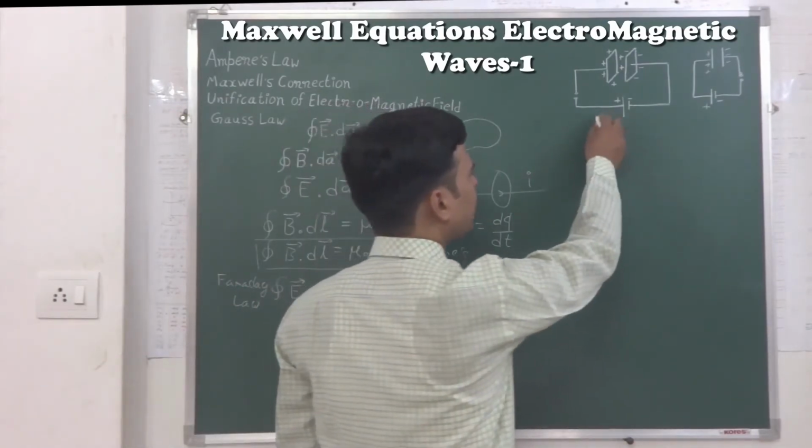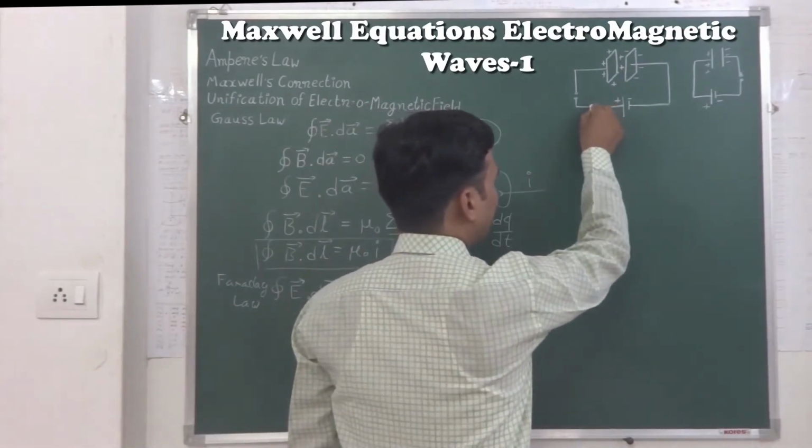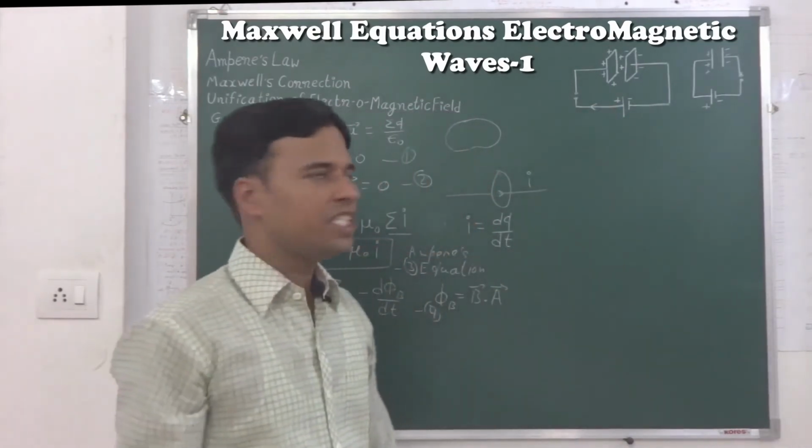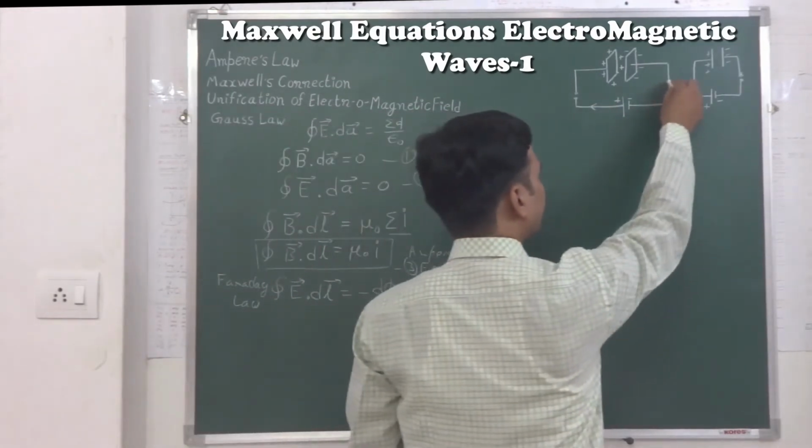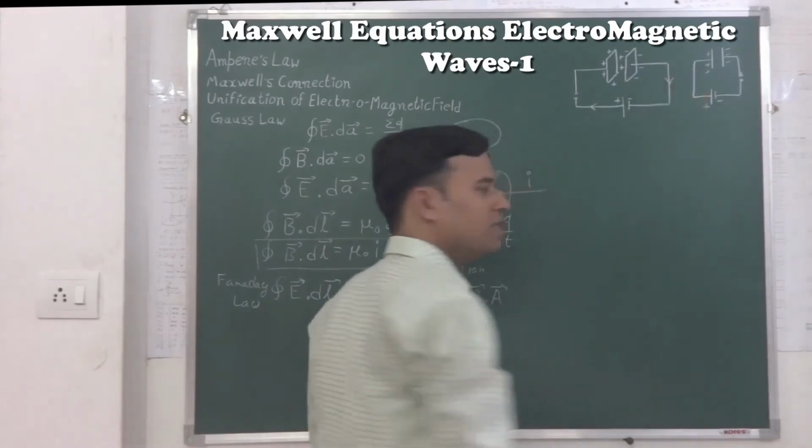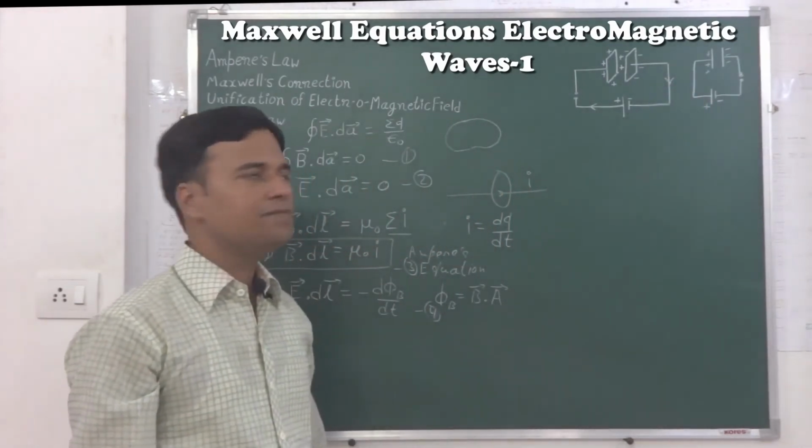Now dear students, the current is flowing from the positive terminal of the battery and it is incoming into the negative terminal of the battery.